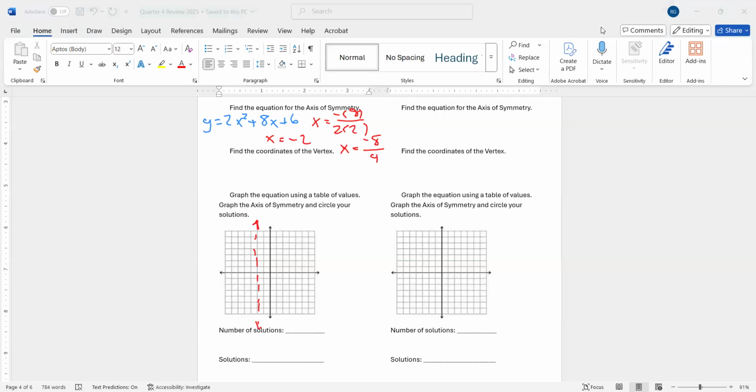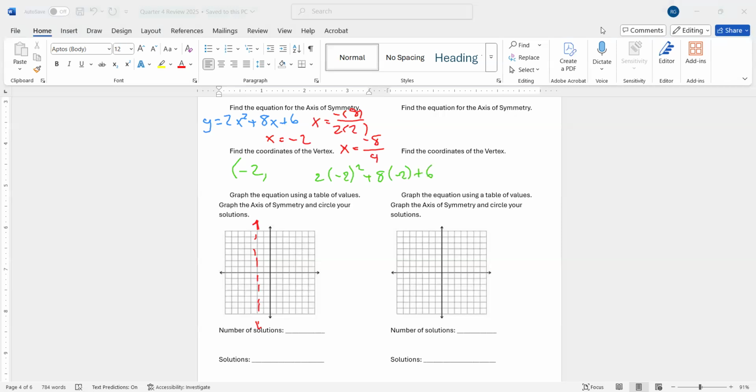Okay. Find the coordinates of the vertex. So now I know that the vertex is on the axis of symmetry. So I know -2 is the x value. How do I get the y value? I plug it in. So 2 times -2 squared plus 8 times -2 plus 6.